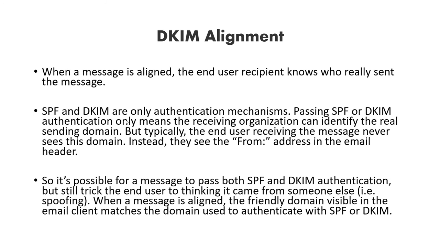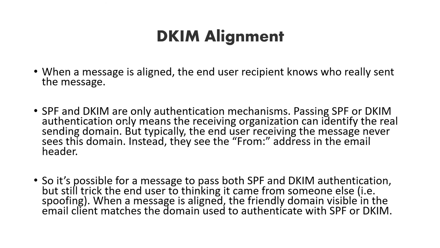Just to reiterate for a third time, it's possible to get a message to pass both SPF and DKIM authentication, but still trick the end user into thinking it came from someone else by spoofing the from address. So DKIM alignment was the next step to say, okay, now that we know where it's from, does that match what's actually shown? That is when they align: the sending domain matches the actual from address.